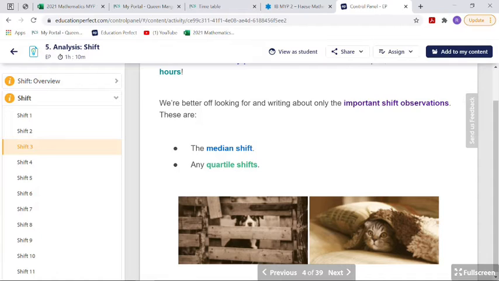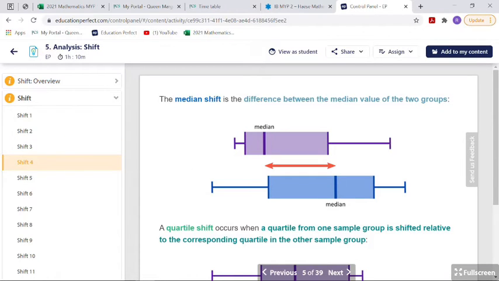Now, I keep saying interquartile, but you're just talking about the quartiles themselves. How many quartiles of this one are further to the right? Any quartile actually will work, not just the middle ones. So look at this one, for example. If you look at the medians of these two sets of data, here's the median of the purple one, here's the median of the blue one.